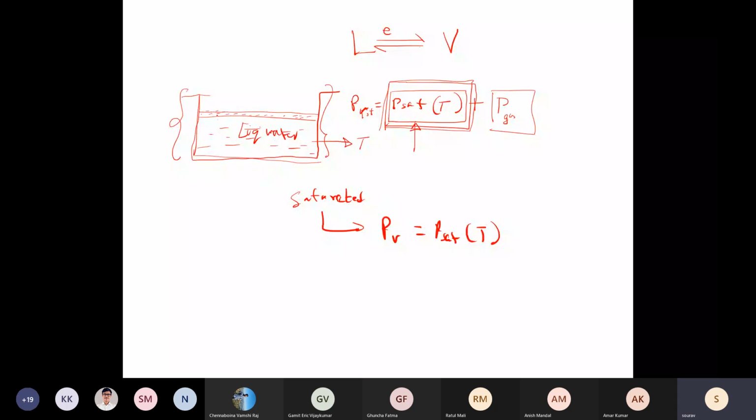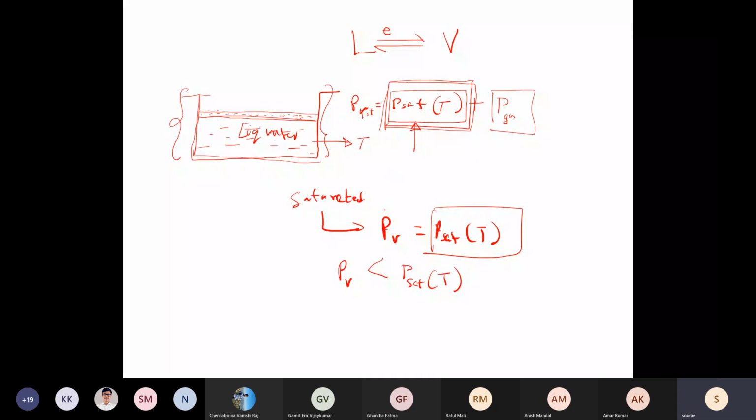So just above this liquid level, you will have a very thin layer of air which has water vapor corresponding to this Psat at that particular temperature T. But far away from this, it need not be saturated, which means that PV, that is the partial pressure of water vapor in air, is less than Psat. So it is unsaturated.